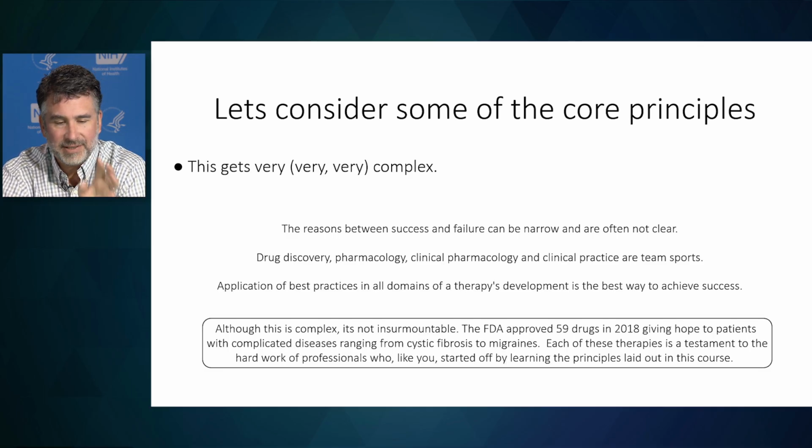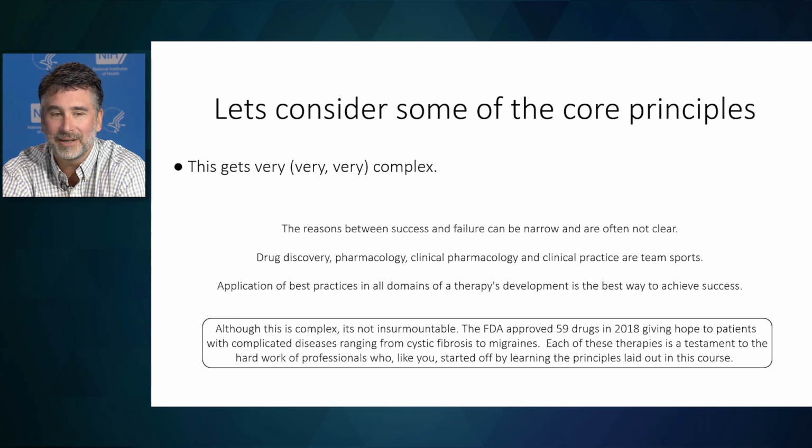And as I stated, although this is complex, it's not insurmountable. Last year, in 2018, the FDA approved 59 drugs, giving hope to patients with complicated diseases ranging from cystic fibrosis to migraines. Each of these therapies is a testament to the hard work of professionals who, like you, started off by learning the principles laid out in this course.